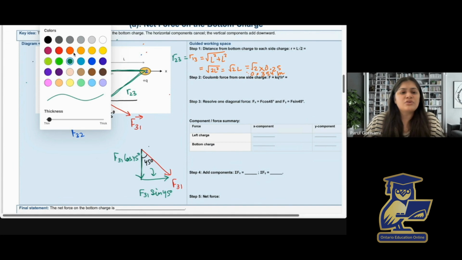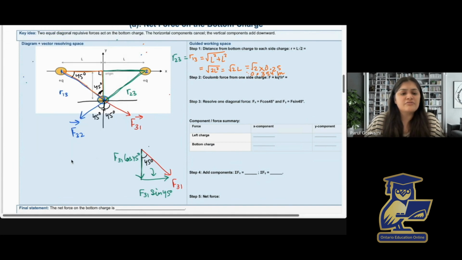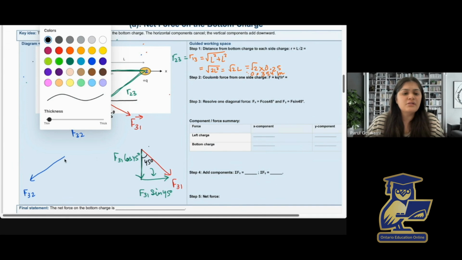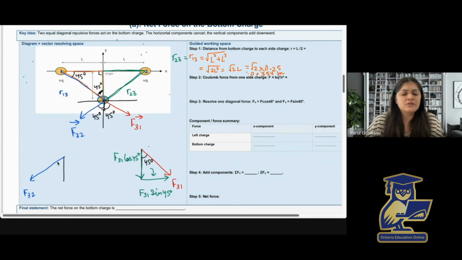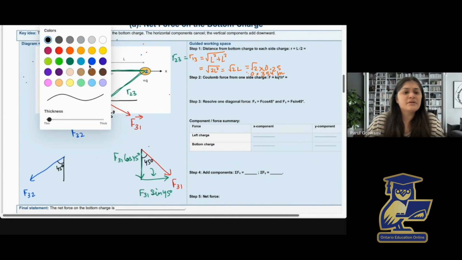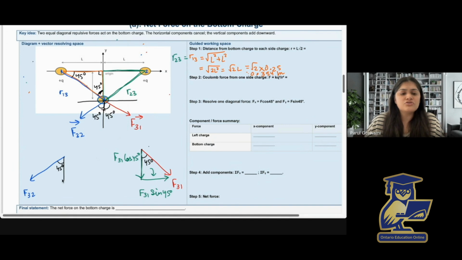Now I will resolve the other force, which is F32. Now this F32 is making 45 degrees with the vertical. Now let's see, the horizontal component would be towards the west side, and this is going to be the respective vertical component.